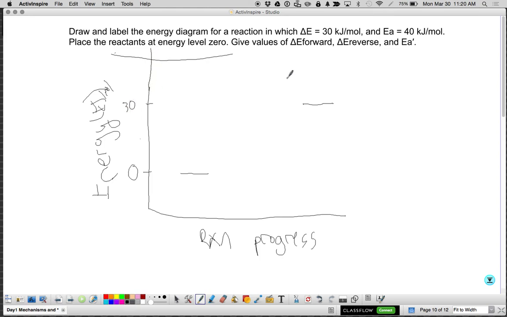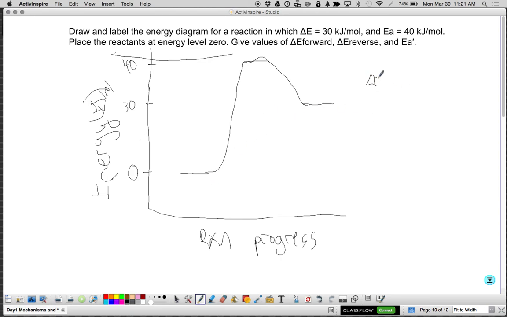Now I probably haven't drawn this to scale. And EA is 40, so I need to go up to 40 to draw my activated complex. So EA is 40, and that'll leave delta E here.